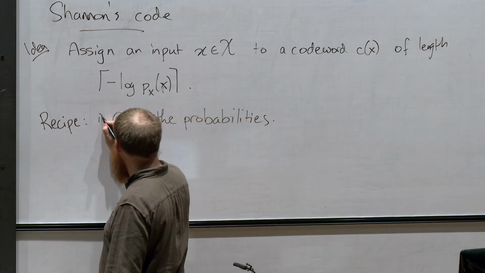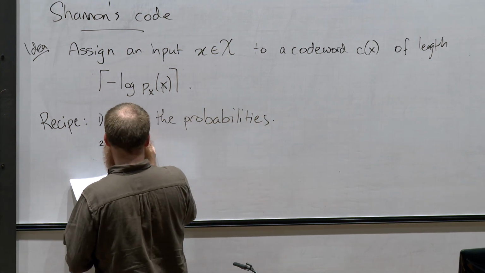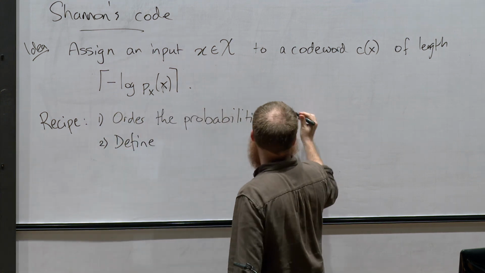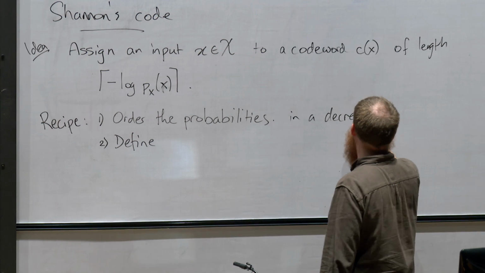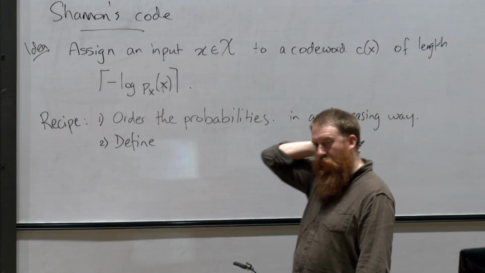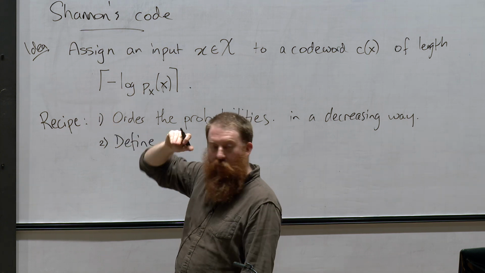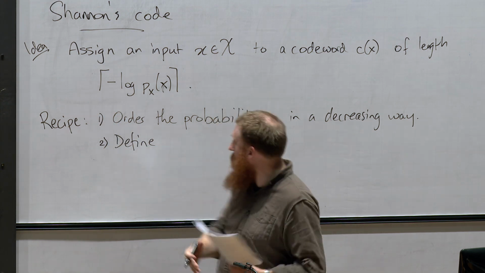So that's step one. Step two is we define, in a decreasing way, so we order our symbols so that the symbol with the biggest probability comes first in our list.